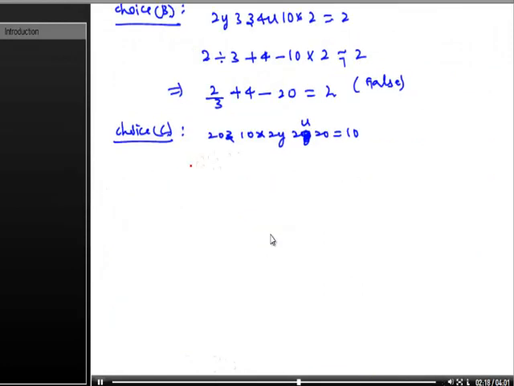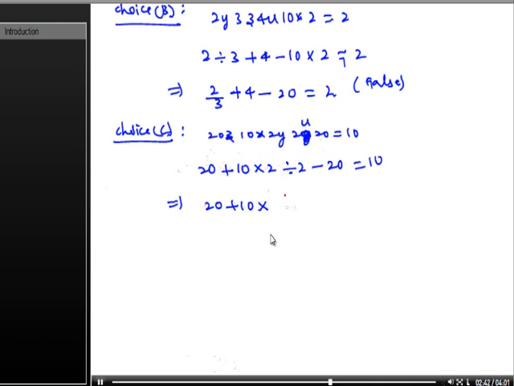This statement implies 20, z means plus 10, x means into 2, y means divided by 2, u means minus 20 is equal to 10. This implies 20 plus 10 into 2 divided by 2.